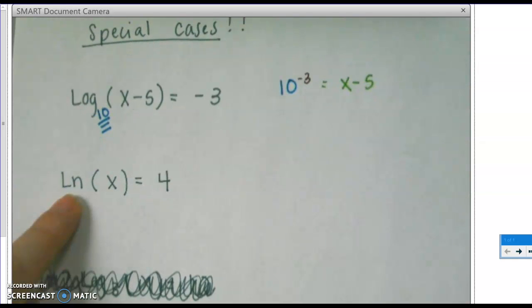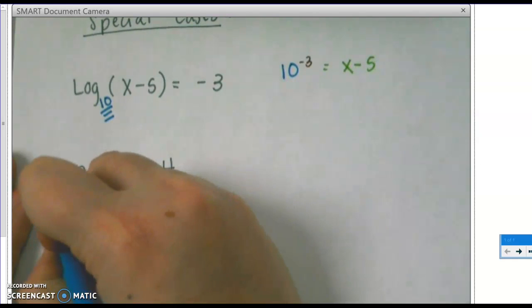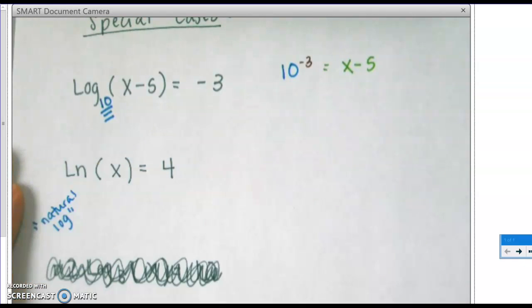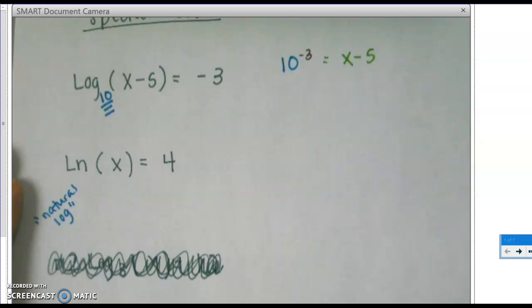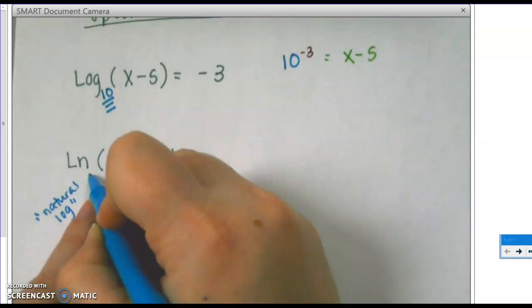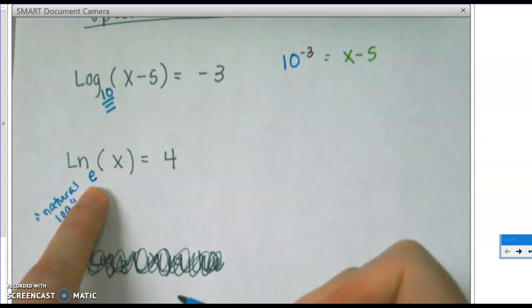All right, when you see ln, that is sometimes called the natural log. Sometimes it's a lowercase l, so it kind of looks like in, but it's an l, so ln. So the base, when it's ln, is e. So e is that same number that came up in our continuous growth formula with P times e to the r to the t power.